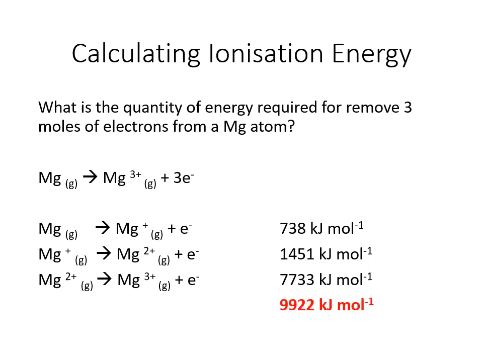So in total, to remove 3 moles of electrons from an Mg atom requires 9,922 kilojoules per mole. And this demonstrates what I was mentioning a couple of slides ago, in that if you want to break into a stable filled electron shell, it requires a lot more energy. You can see that demonstrated by the jump between Mg2+ to Mg3+, whereby in this one you would be breaking into one of the stable shells, and that requires a lot more energy.